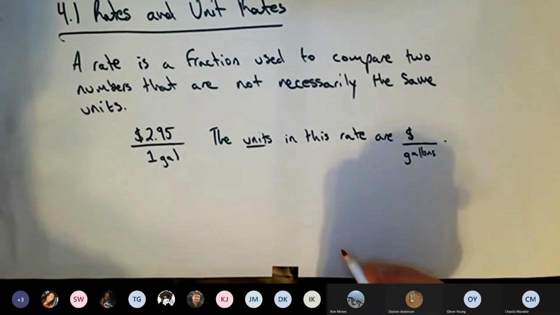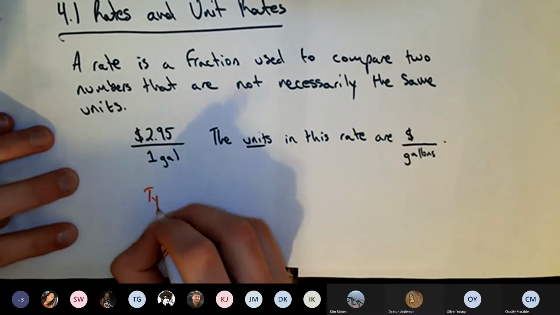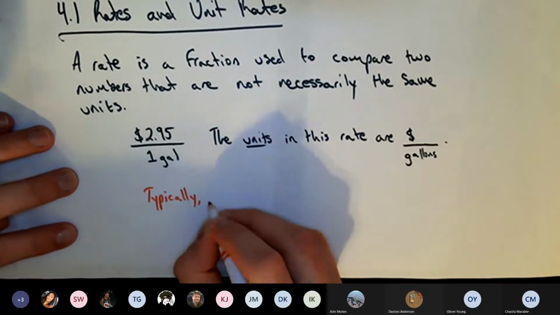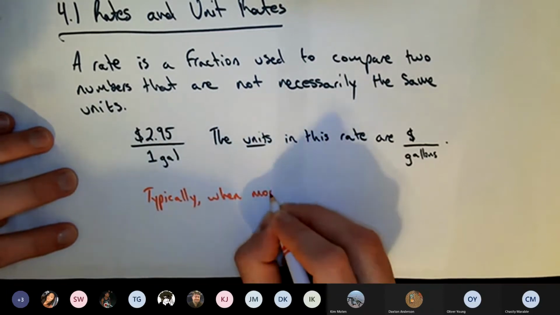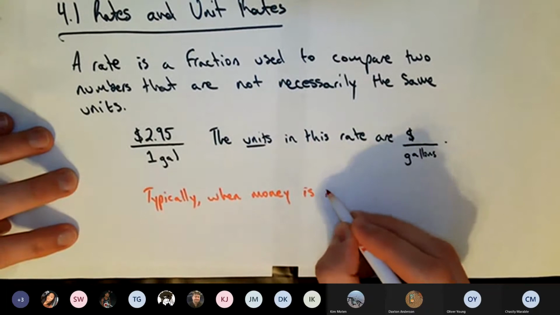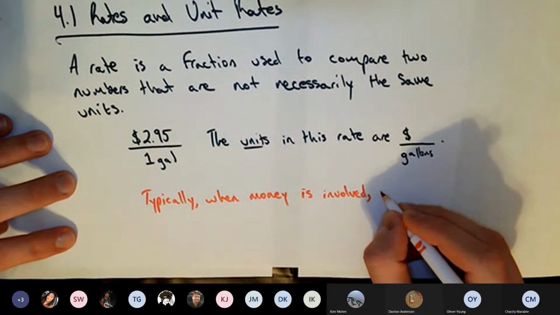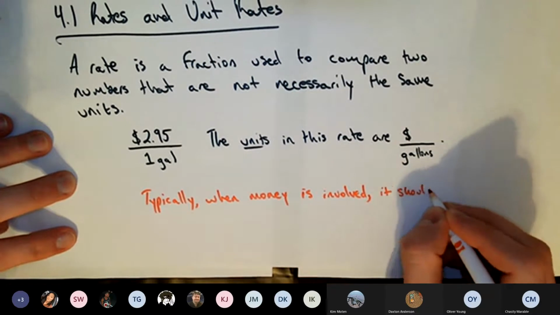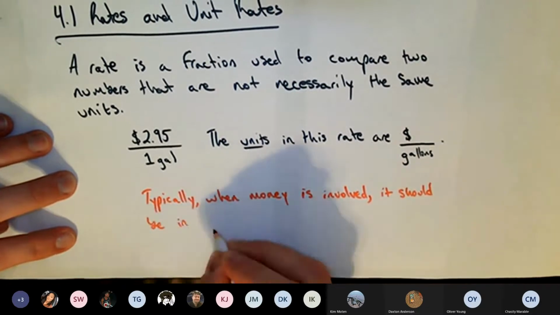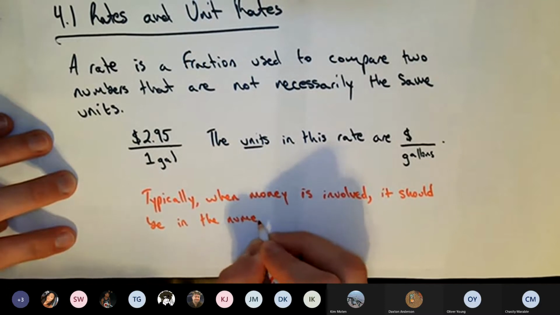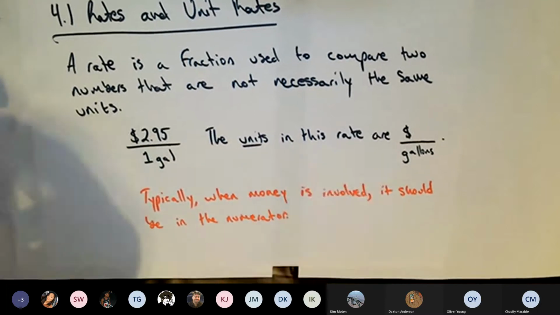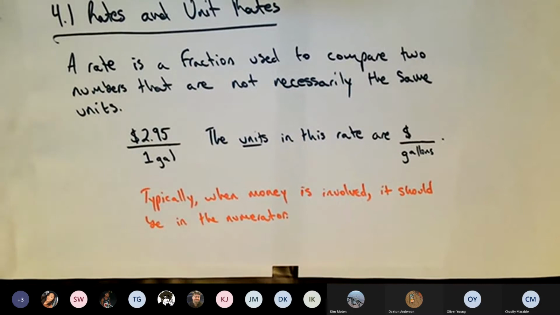I'm going to make a note here. Typically, when money is involved, it should be in the numerator. Because if I asked you the cost of gas, you wouldn't say it's 1 gallon for $2.95, which you really could.